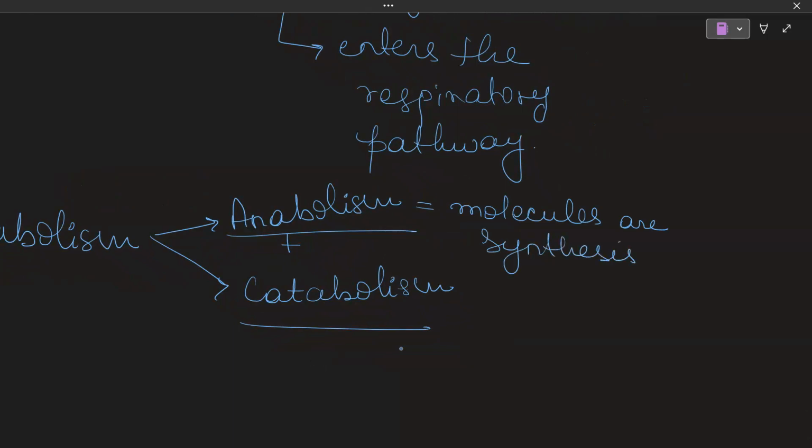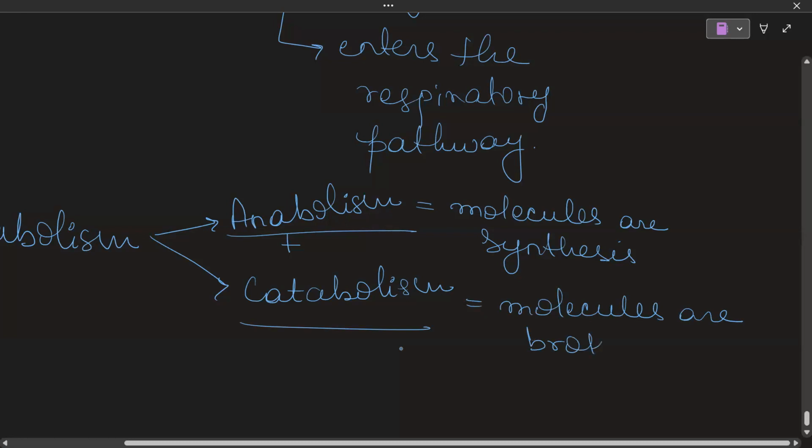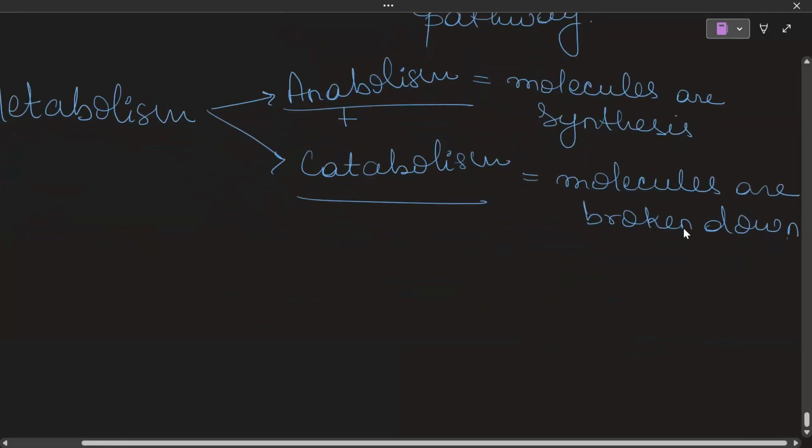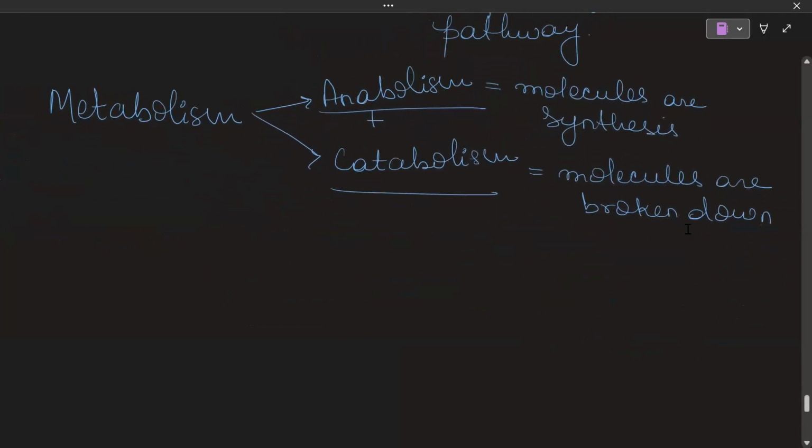If I say glucose is being synthesized in photosynthesis, we can say that photosynthesis is anabolic. Catabolism means molecules are broken down, so we can say that respiration is a catabolic process. But there is another unique thing to it: the respiratory pathway can be considered as amphibolic.